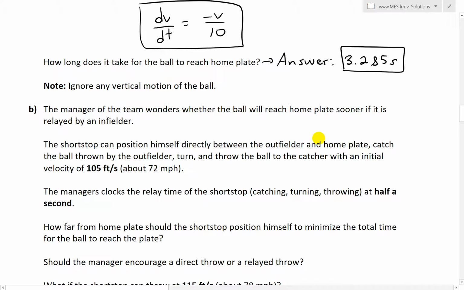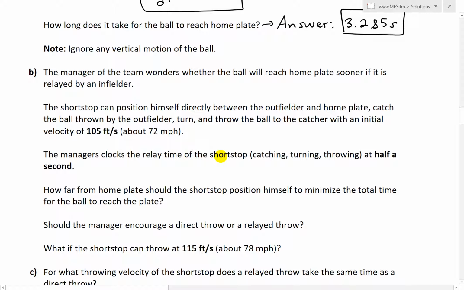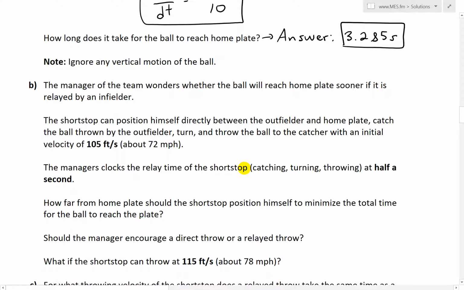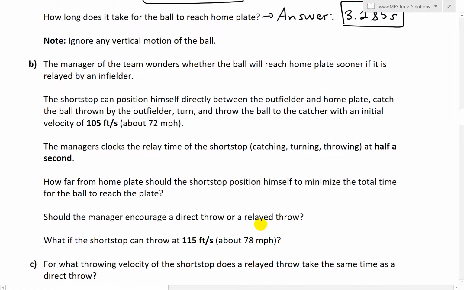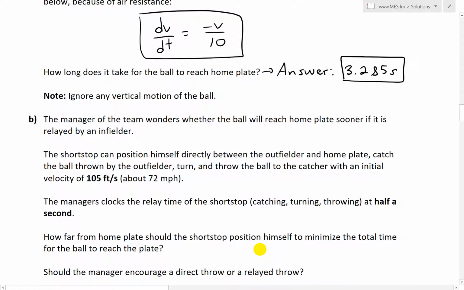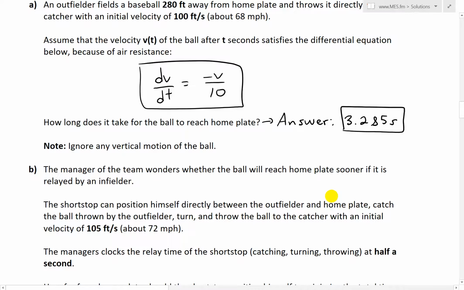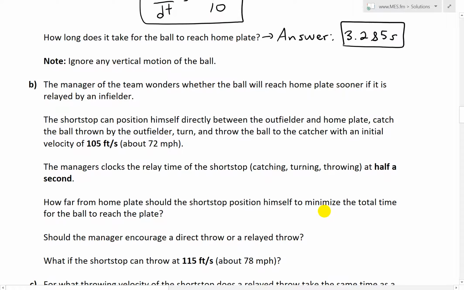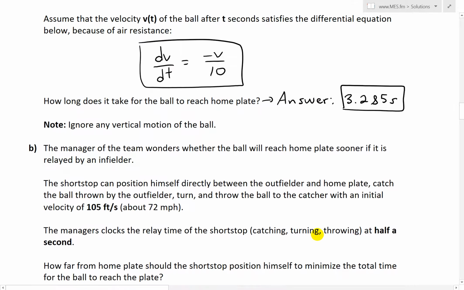Part B looks at having the shortstop, I'll go over that position in a bit, go in between the outfielder and the catcher, relaying the ball to the shortstop and then to the back catcher, as opposed to throwing it directly, and then looks at whether it's shorter or longer than directly throwing it.